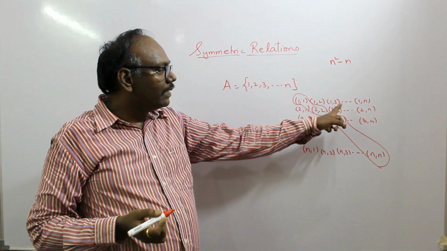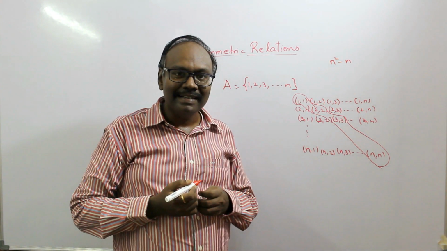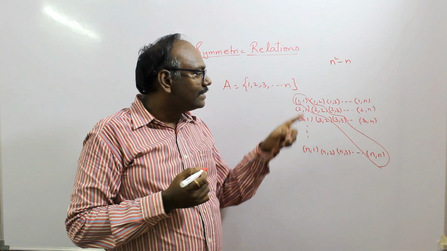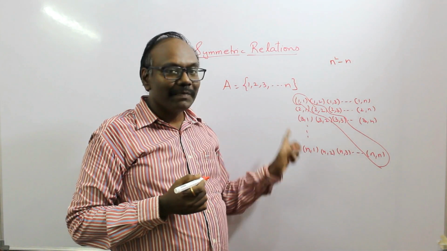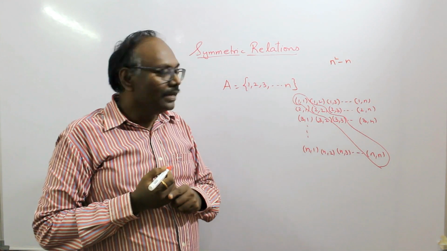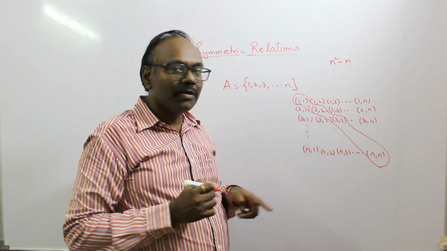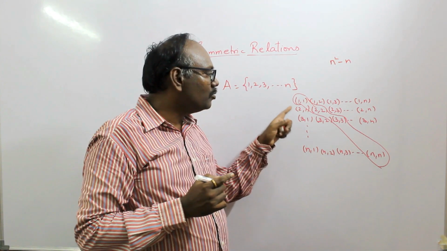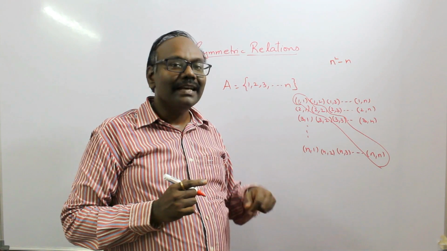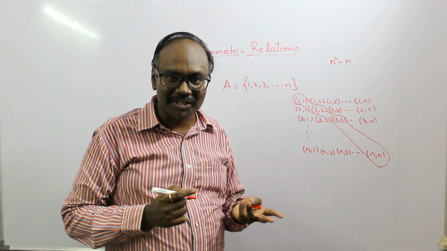So each ordered pair which is above is just the swap of the ordered pair which is below this diagonal. Therefore, we can only consider one of these ordered pairs, either present here or here, but not both of them. So for example, if I choose a symmetric relation which contains 1 comma 2, I don't have a choice of selecting 2 comma 1. Instead, it has to be present in the relation which contains 1 comma 2, for it to be a symmetric relation.